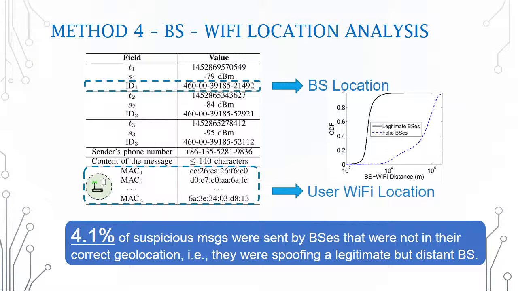In fact, 4.1% of suspicious messages were sent by base stations that were not in their correct geolocation. That is, the fake base station was actually spoofing a legitimate but far off, distant base station. Now, the paper goes into detail on why such an effective method cannot be counteracted by the fake base station operator.